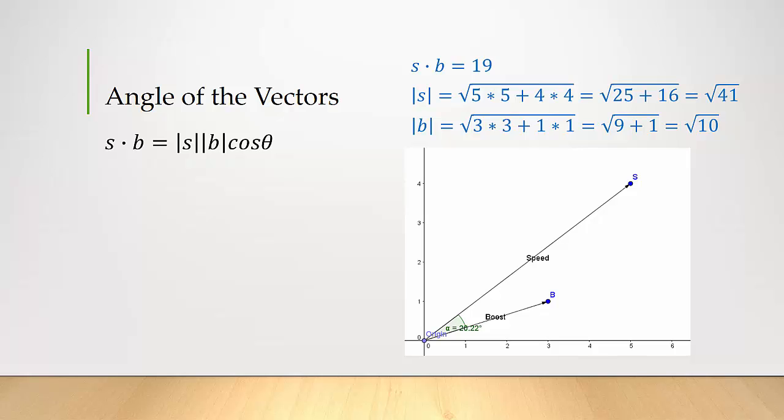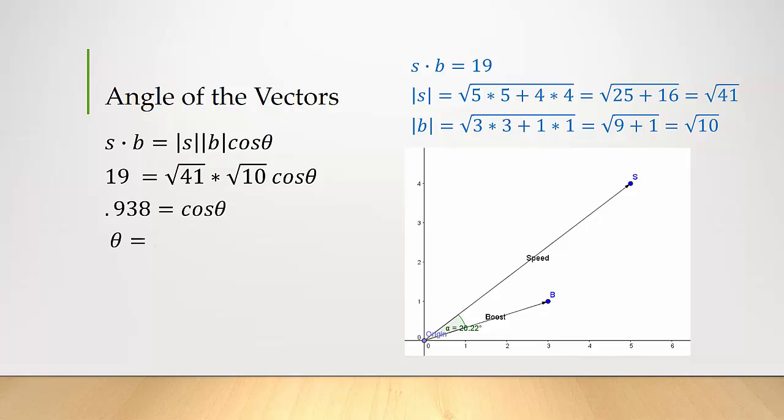So now I have my two lengths, and I can go back to my equation. I know 19 should equal the square root of 41 times the square root of 10 times the cosine of the angle between them. Now I just need to solve for that angle. I'll divide each side by the square root of 41 times the square root of 10 to isolate cosine of theta.